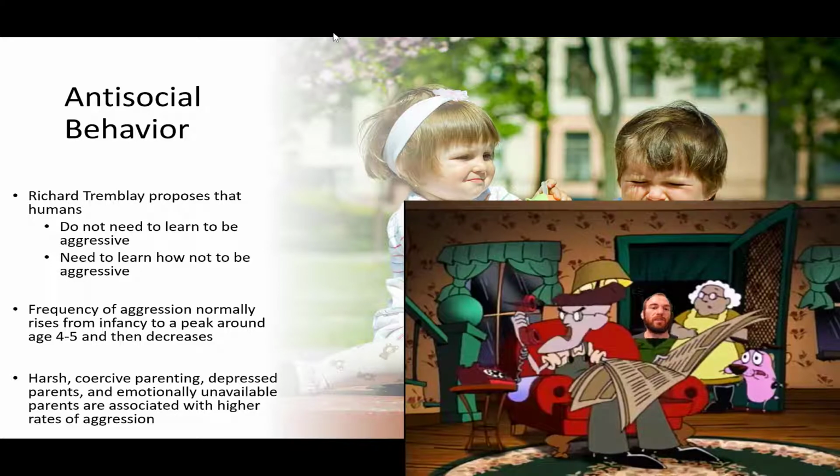So this can be speculated to be related to a whole host of things. In the case of harsh and coercive parenting, maybe a child learns that violence or coercion is the way to solve problems, all the way up to emotionally unavailable parents, wherein a child is seeking attention, but the parent unfortunately is depressed and unable to be attuned to the child's needs, and therefore the child may act out and be aggressive to get attention, because they believe that is one of the only ways in which they can get attention and meet their needs.